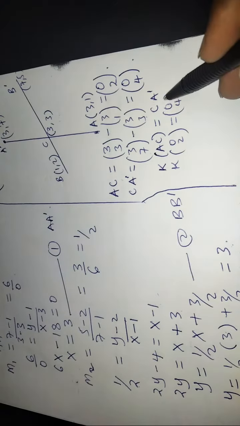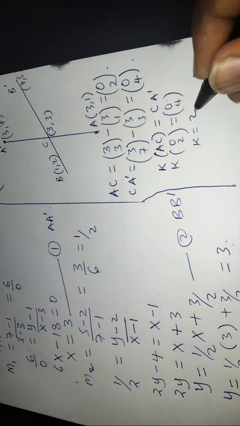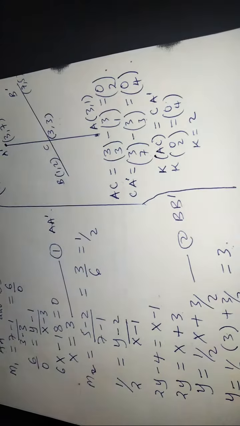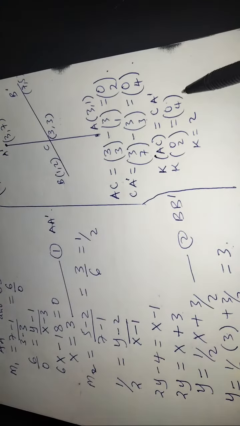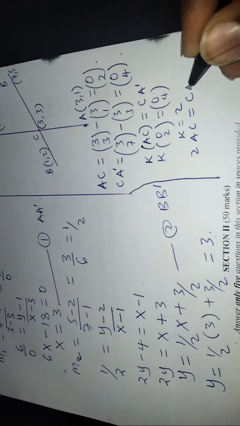You can see from the x components, we cannot get what we really want. But according to the y component, the value of k equals 2, because 2k equals 4. Therefore, we multiply the length AC by 2 for us to get CA prime.